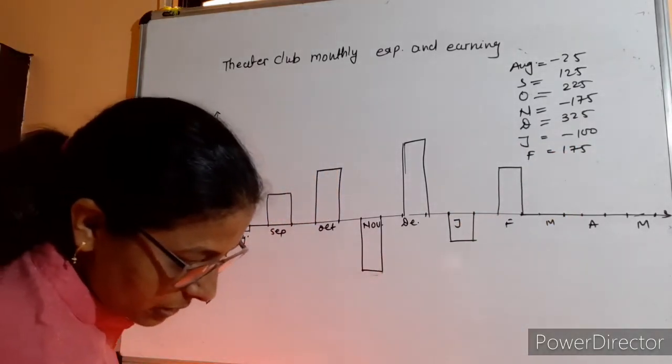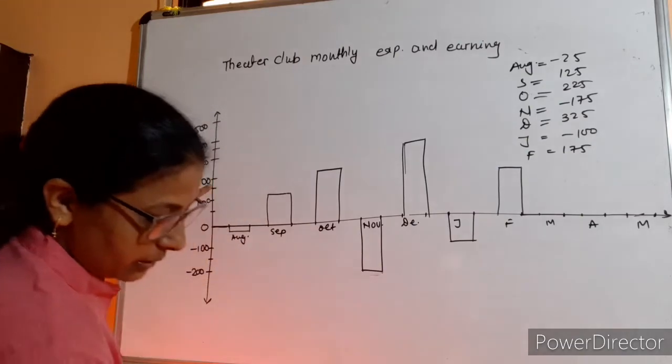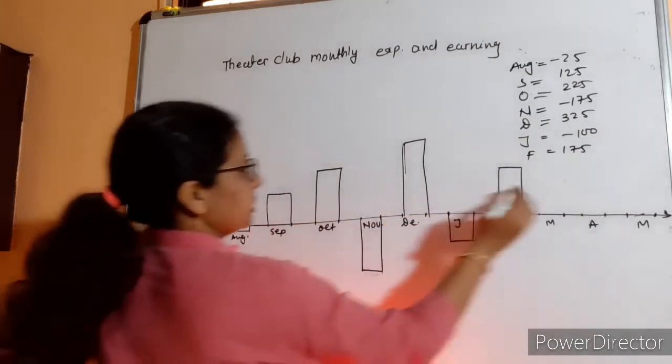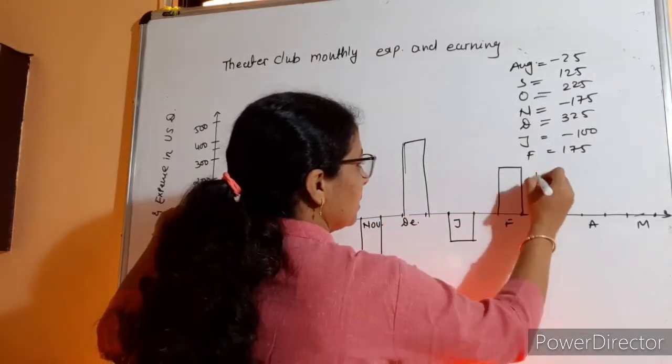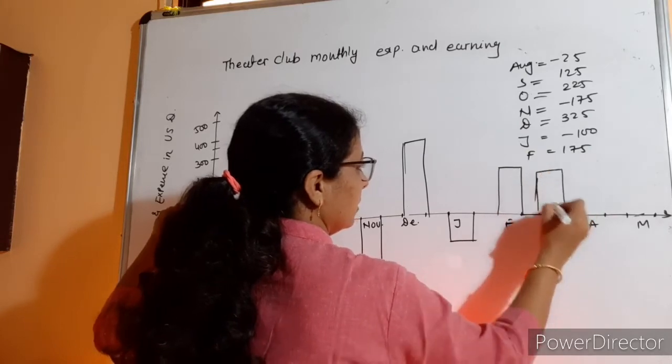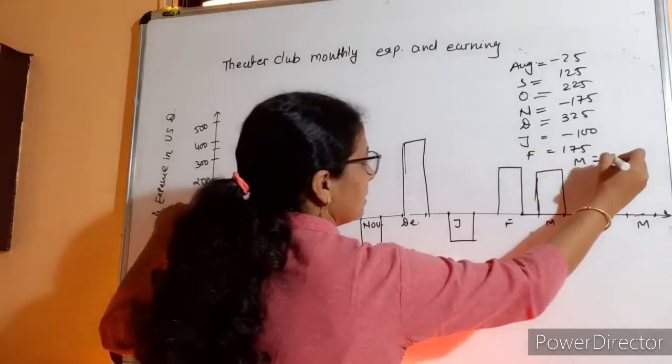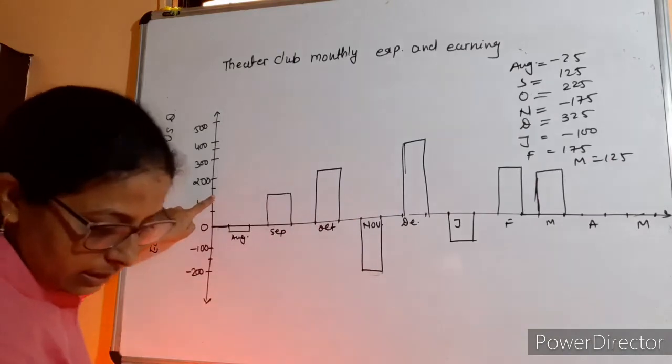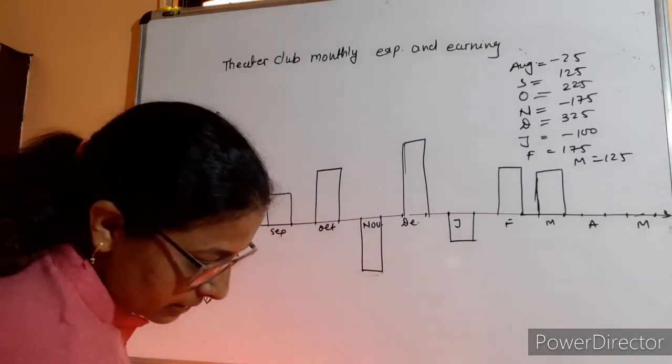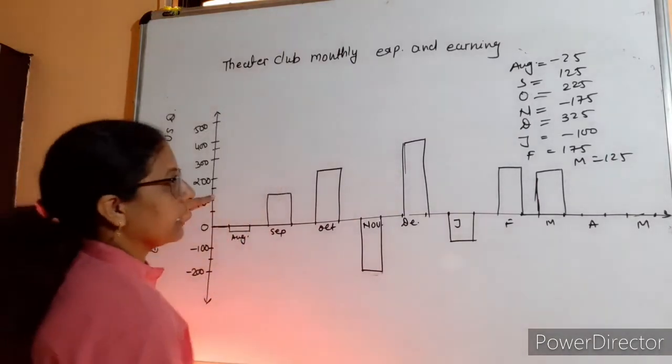Then in March it is 125. In April it is 275.